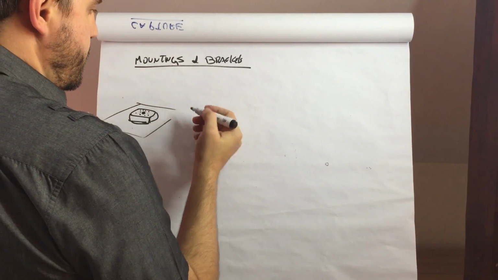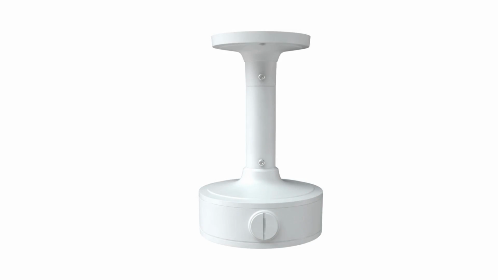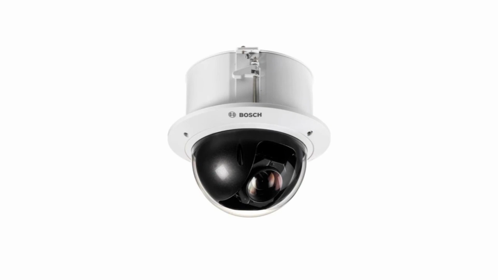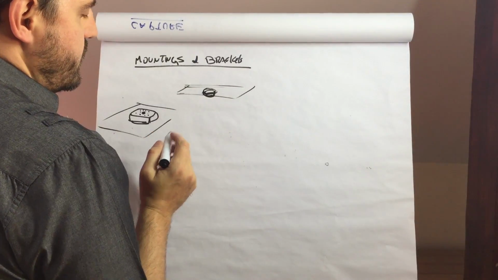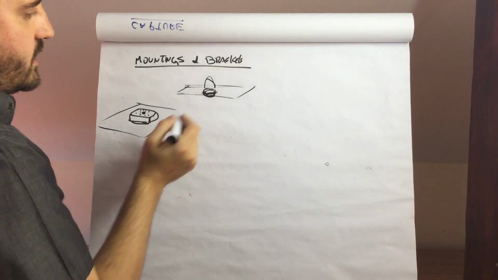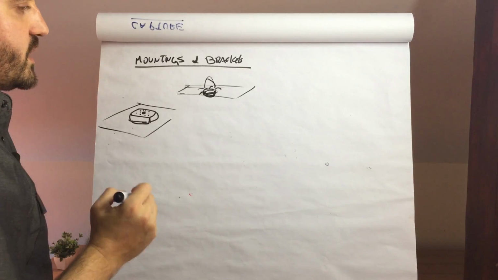We have junction box, mountings. We have ceiling mount. So if it's like a drywall ceiling, you can have a hole here and install specific cameras that will show only the dome in this part, and have the other part of the camera inside the ceiling, and we'll have some parts that will make it fixed there.